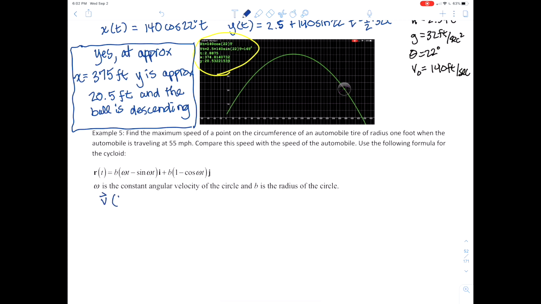V at t is going to be what? Remember, it's going to be r prime at t, and that would end up being equal to b omega minus b omega cosine omega t.